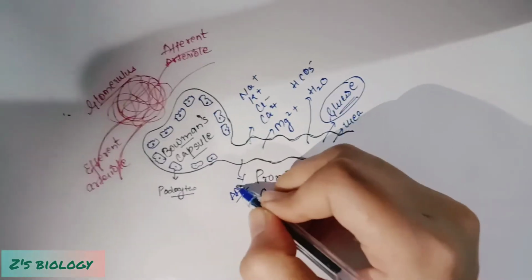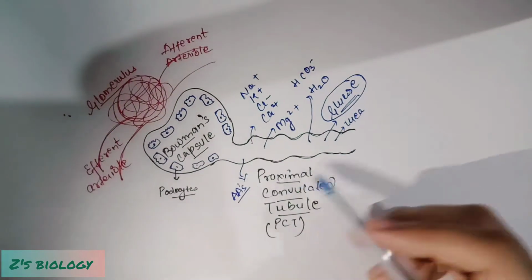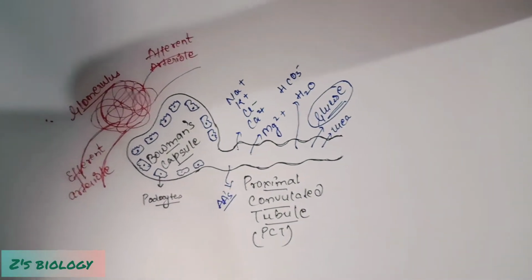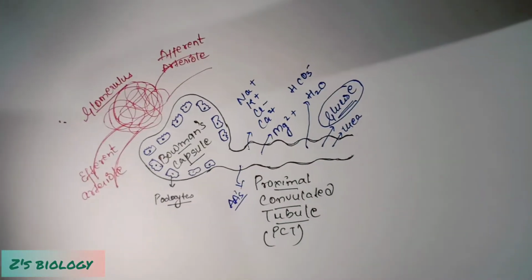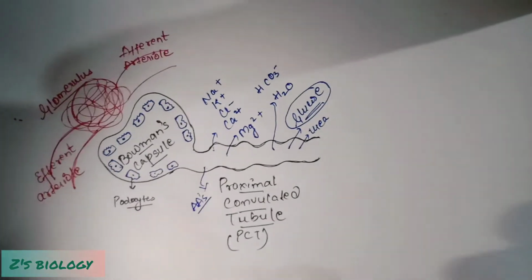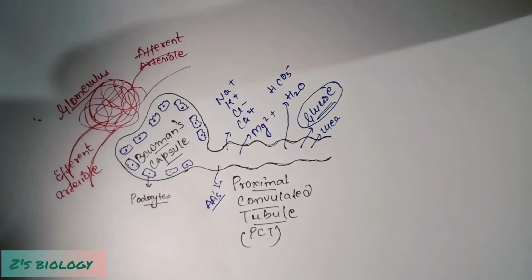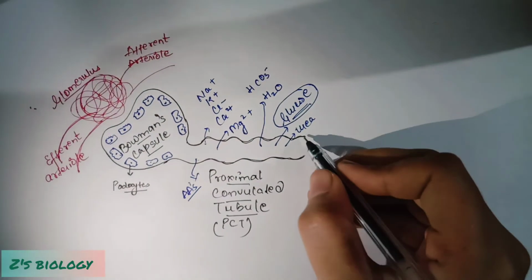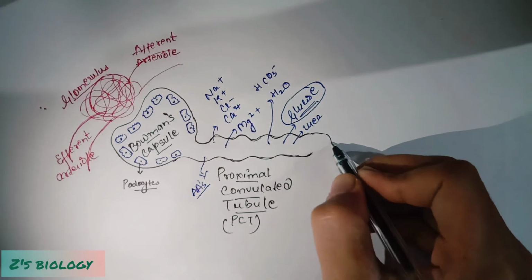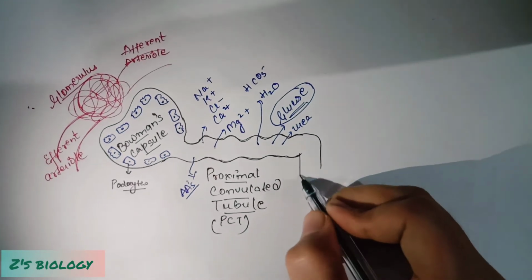If we said sodium, obviously the water follows it, and also water. So these are a few substances reabsorbed in the proximal convoluted tubule. Also urea may be reabsorbed from the filtrate into the blood.